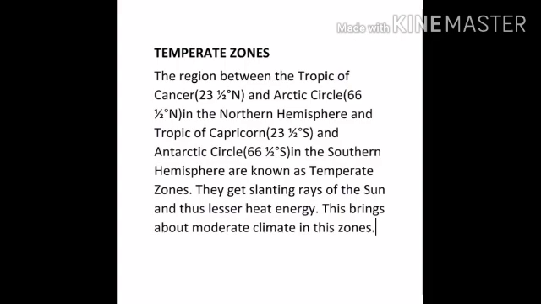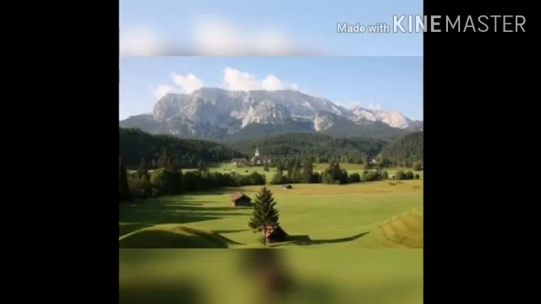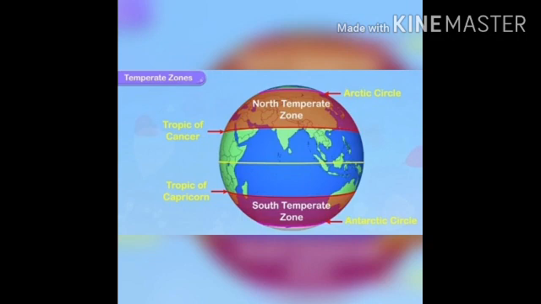The temperate zones receive slanting rays of the sun, so this region receives less heat as compared to the torrid zone. Therefore, this zone is not too hot and not too cold. It is temperate or moderate. Climate in these zones is moderate or temperate. The temperate zone is divided into the north temperate zone, which lies between the Tropic of Cancer and the Arctic Circle, and the south temperate zone, which lies between the Tropic of Capricorn and the Antarctic Circle.